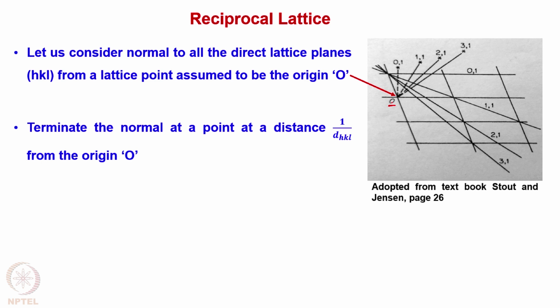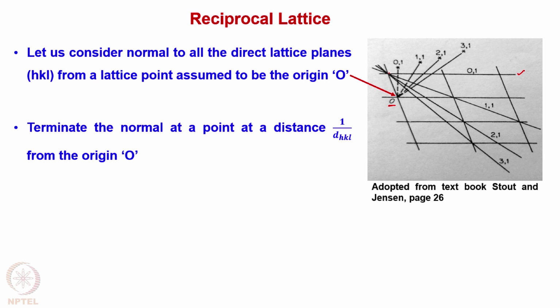The plane going like this has Miller indices 0, 1, which is one set of parallel planes. The plane going through the middle of the unit cell has Miller indices 1, 1.